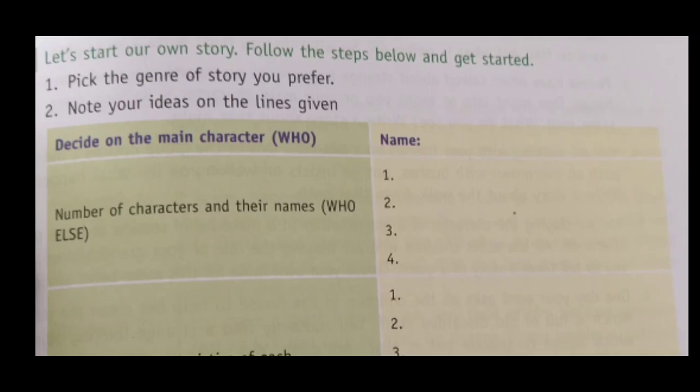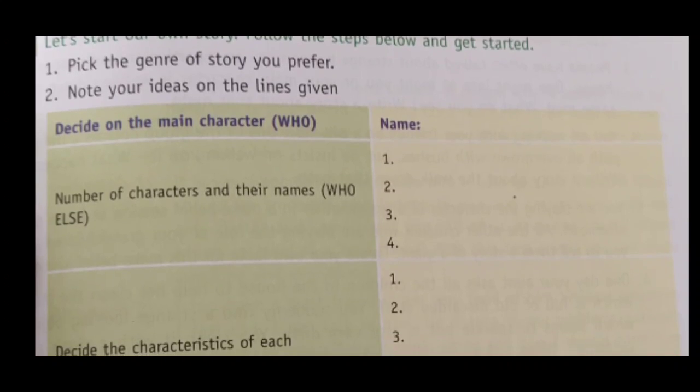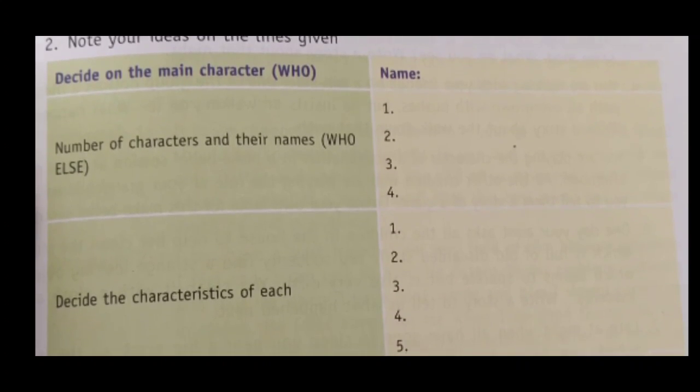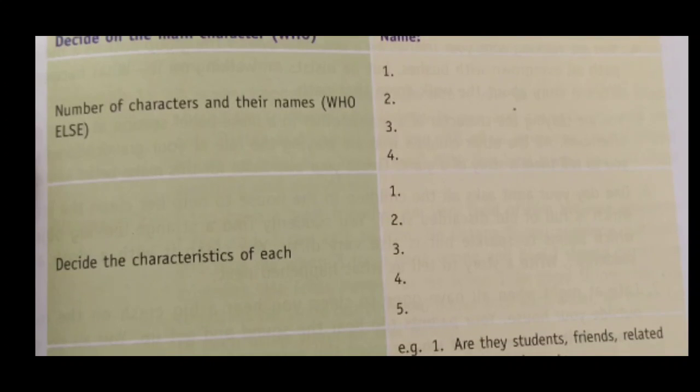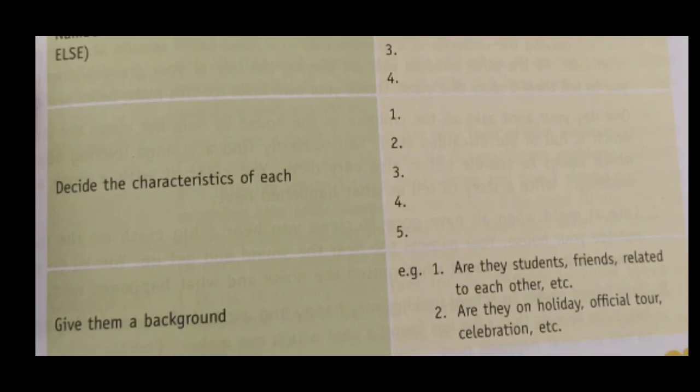So you have to first pick the genre of the story you prefer, then note your ideas on the lines given. These are the helplines to make your story plot, children. First you should decide the main characters, the number of characters and their names. Names should be decided and the number of characters should be decided first. Then decide the characteristics of each, that is the behavior of the characters.